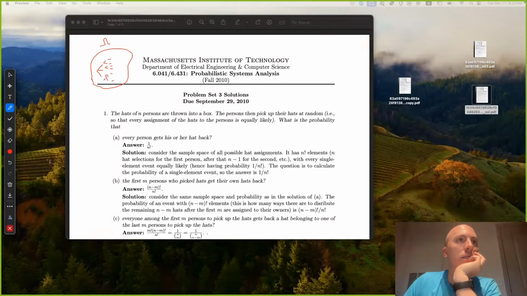N selections for the first person. Yeah, so you have n for the first person, n minus 1 for the second person, n minus 2 for the third person. Every single elementary event is equally likely.